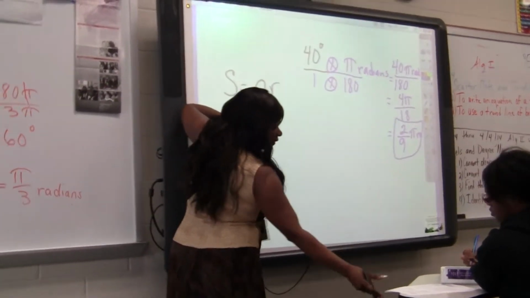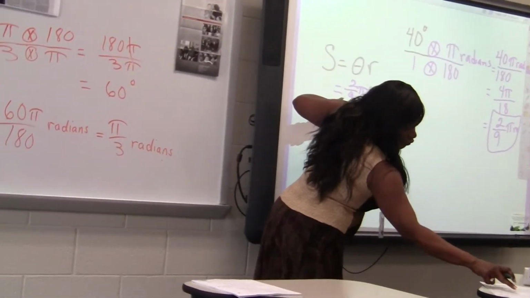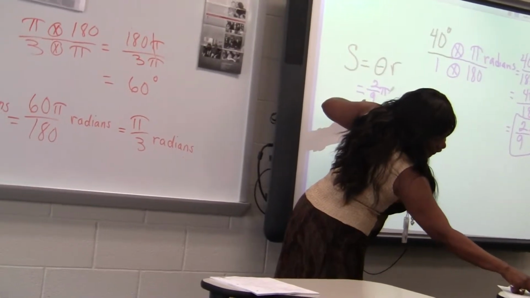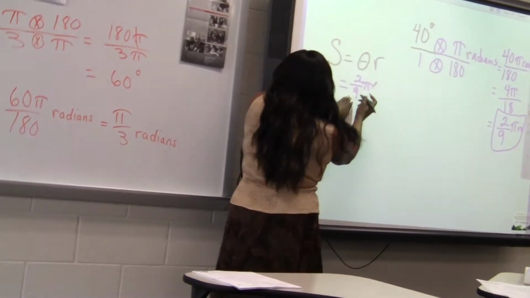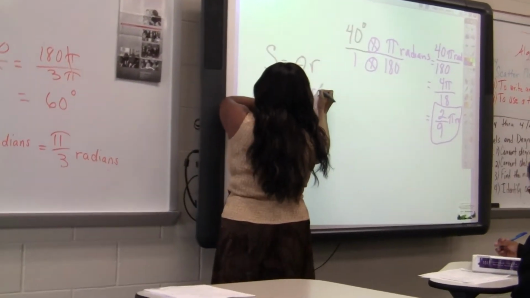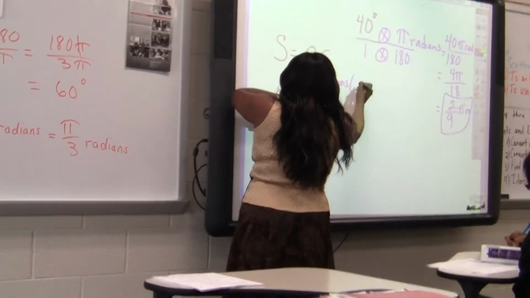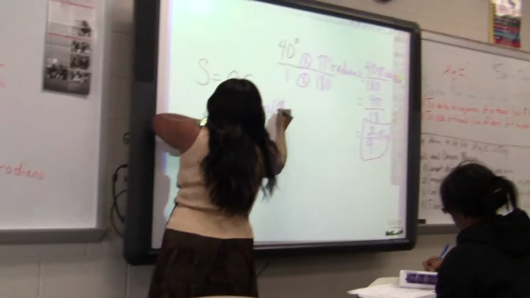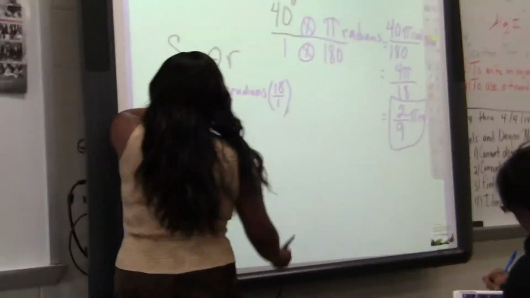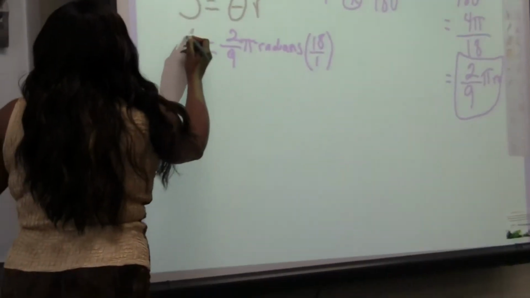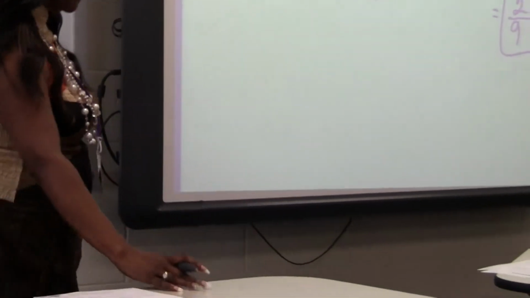What did it say the radius is? Right here, 18. Okay? So I got 2 pi radians times, I like to make that look like a fraction, 18 over 1, which represents the radius, which will give me my s.